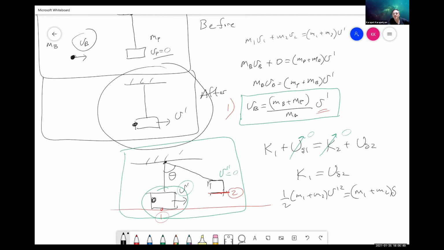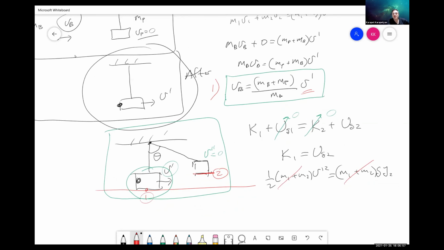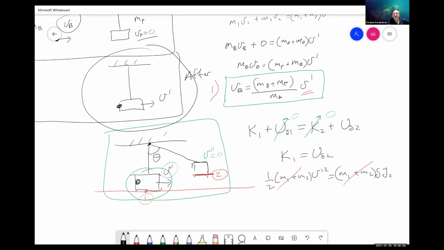Then times g, then times the vertical position of 2. And again, I don't even care about their mass at this point for this particular part. What I have here is 1/2 v prime squared equals g y2, or v prime equals the square root of 2 g y2.